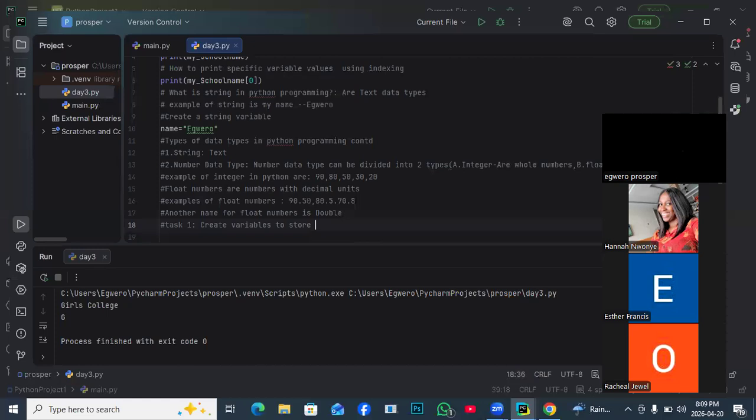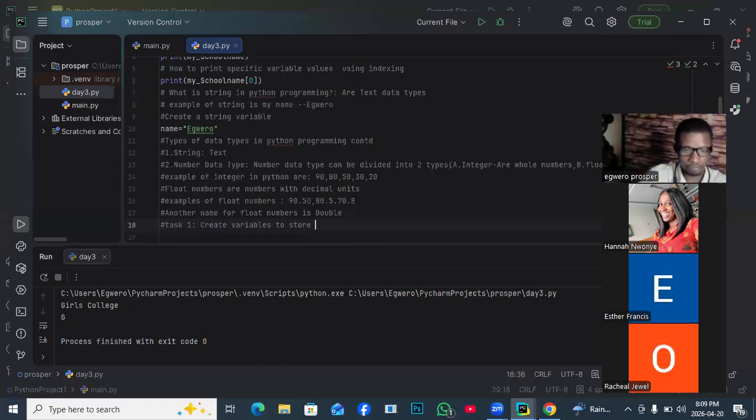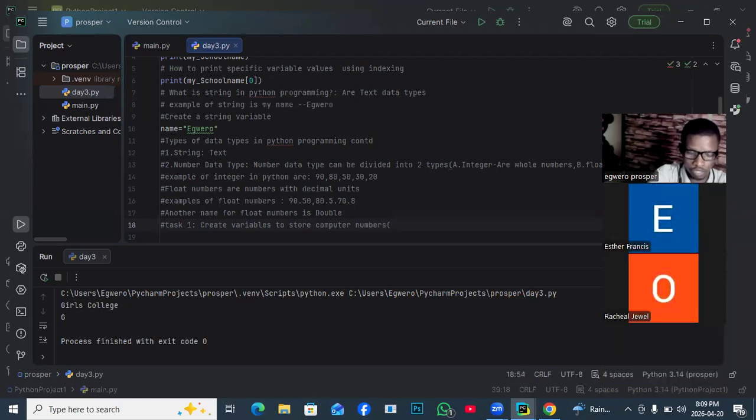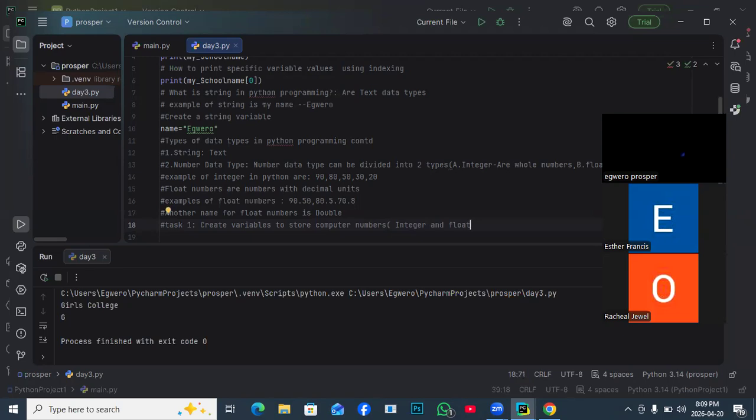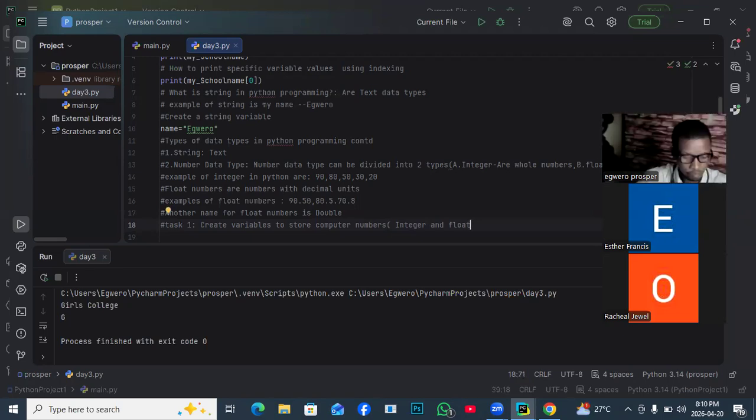For example, some variables should store integer numbers and float numbers.